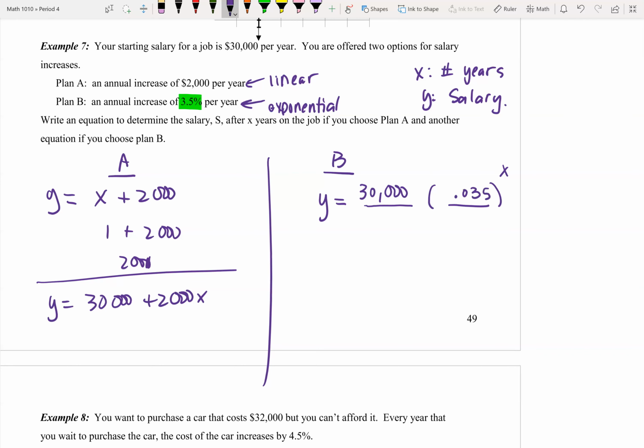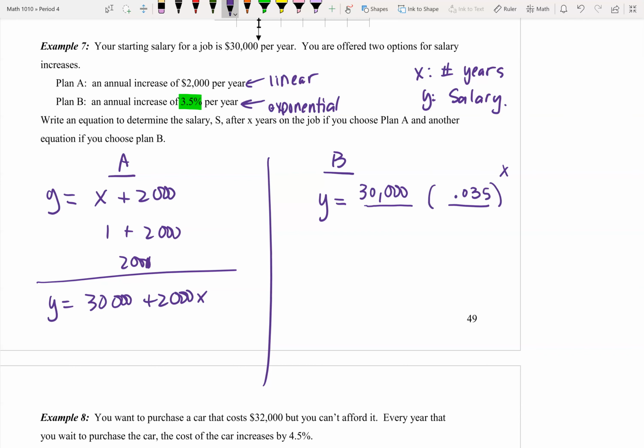Okay, so if that was right, then I would go 30,000, parenthesis, 0.035, close it off, raise it to the first. That means the second year you would make $1,050. That's the worst deal ever. That's the worst job you can imagine, right? So how do I need to change it and why?